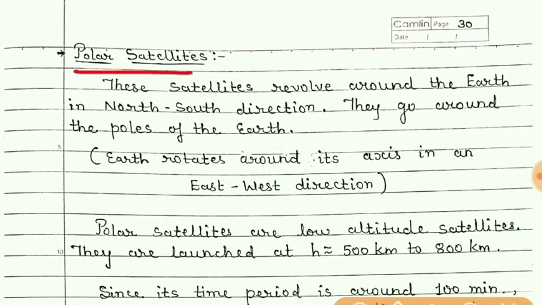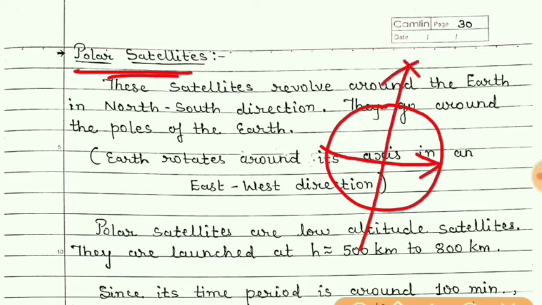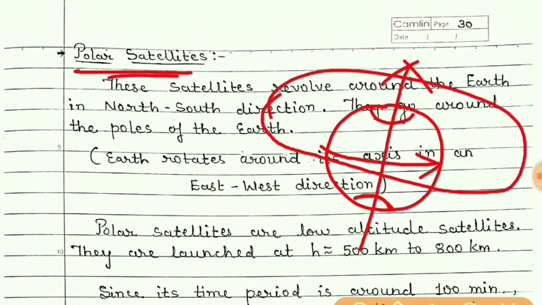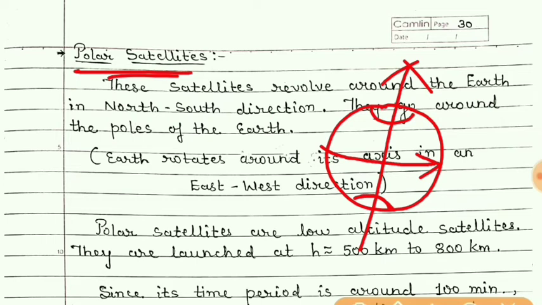Now about polar satellites. Students, the Earth rotates around its axis, and these are the poles of the Earth. So geostationary satellites were revolving around the Earth along the equator only. But polar satellites revolve around the Earth from pole to pole, that is in a vertical direction along the axis.